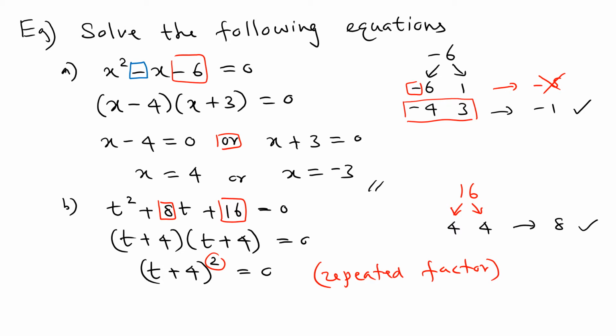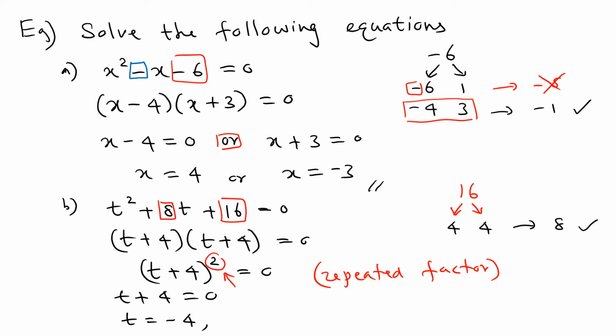In this case, you don't want to set both equal to 0, because there's only one. So we set only one of them equal to 0, and if you subtract 4 from both sides, t equals -4. We call this a solution with multiplicity. This 2 is called the multiplicity, how many times it repeats.